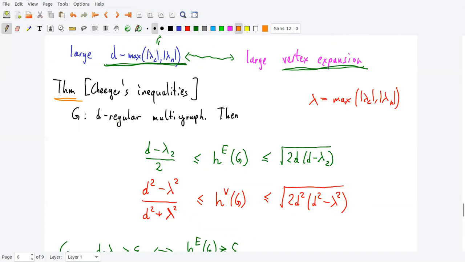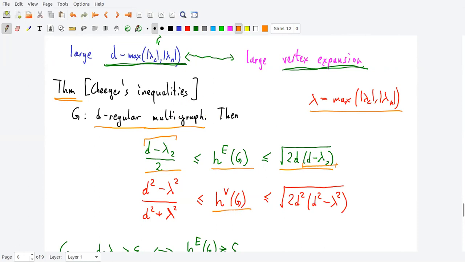So if G is a d-regular multigraph, and lambda is the maximum absolute value of the second and last eigenvalue, then the edge expansion is sandwiched between (d minus lambda 2) over 2 and this funny expression, square root of 2d times (d minus lambda 2). Observe that the spectral gap appears here and again here.